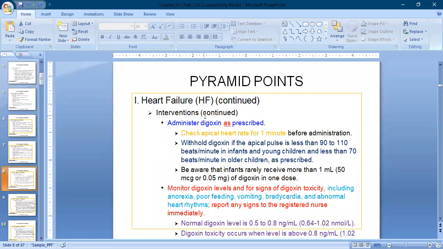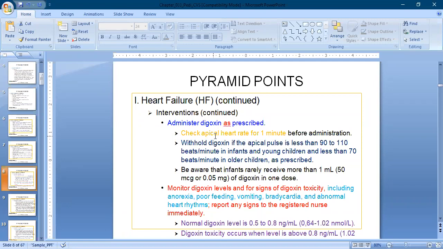So what else? What next? As an RN, we have to administer digoxin as prescribed, right? In the NCLEX board, when we get anything as prescribed, it is the answer, right?